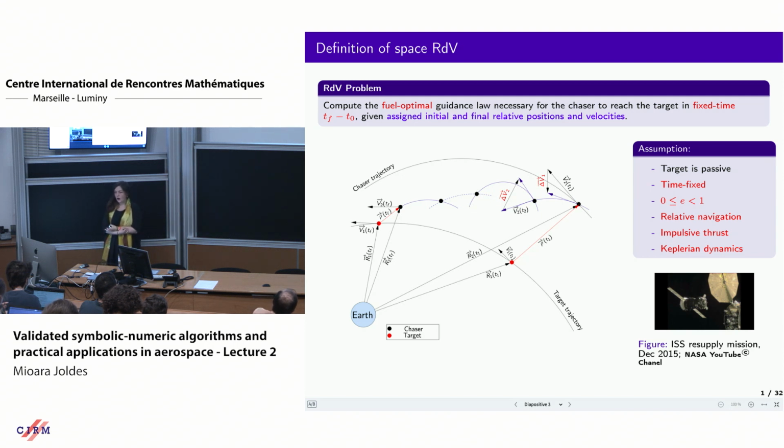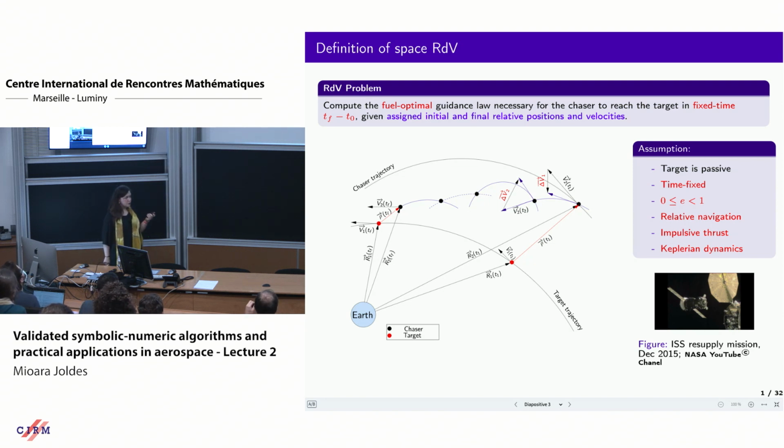In this case, the time is fixed, and we want to reach a given final position and velocity by consuming as little fuel as possible, depending on what we consider as the objective function to be. So we want to minimize this objective and still find a control law that allows us to reach the final position. So here, what I showed in the figure is an orbital rendezvous.